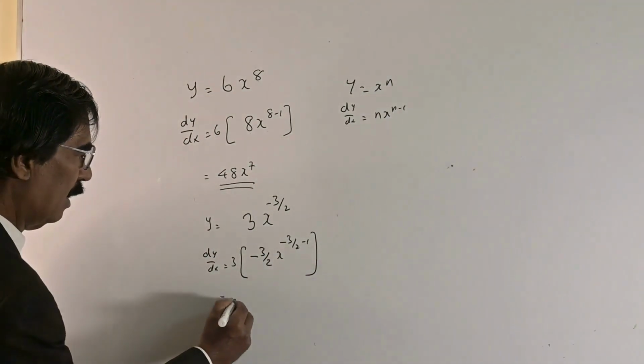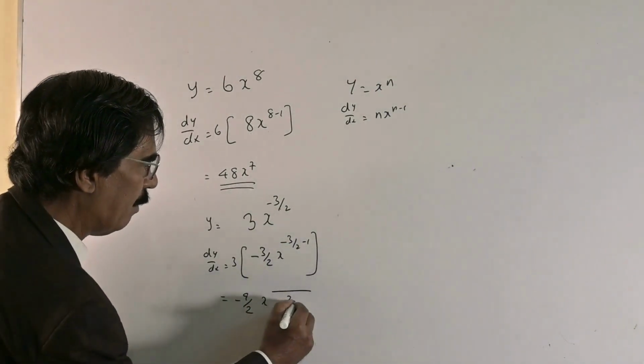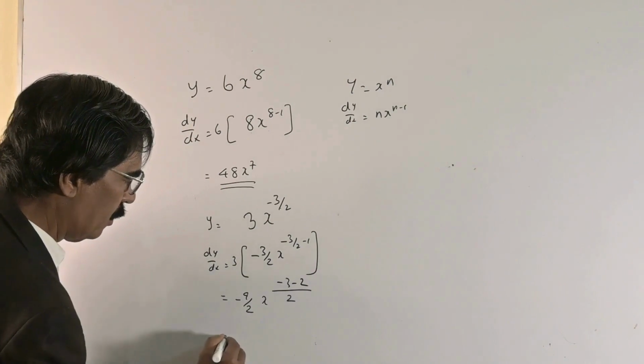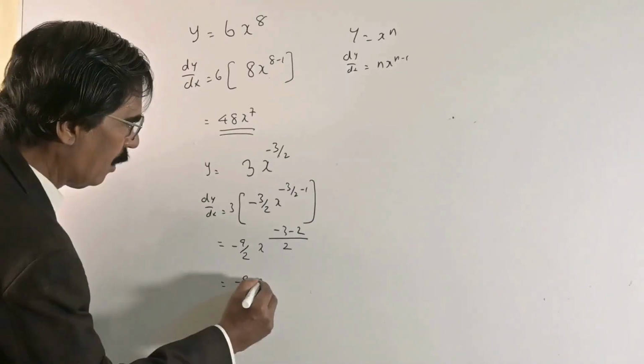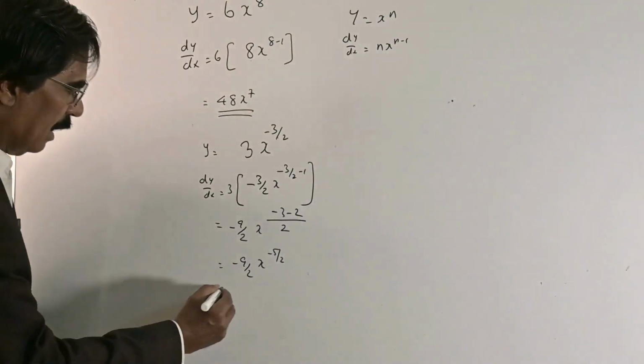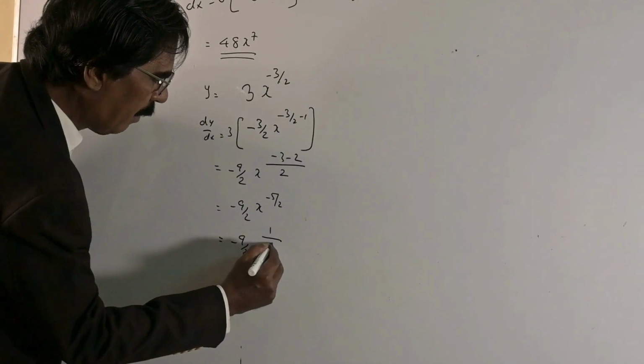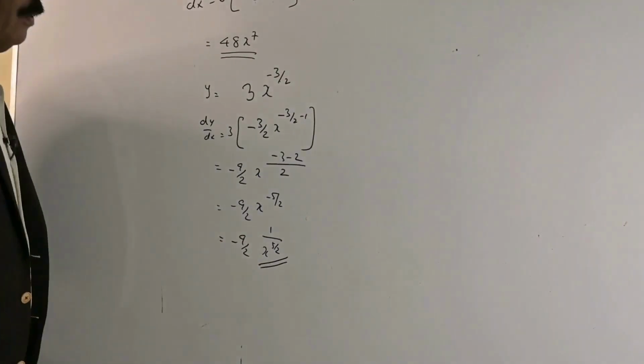Now listen. Minus 9 by 2 x to the power of, LCM 2, minus 3 minus 2, minus 9 by 2 x to the power of minus 5 by 2. Is it not? Now listen, minus 9 by 2, you can bring this down as 1 by x to the power of plus 5 by 2.